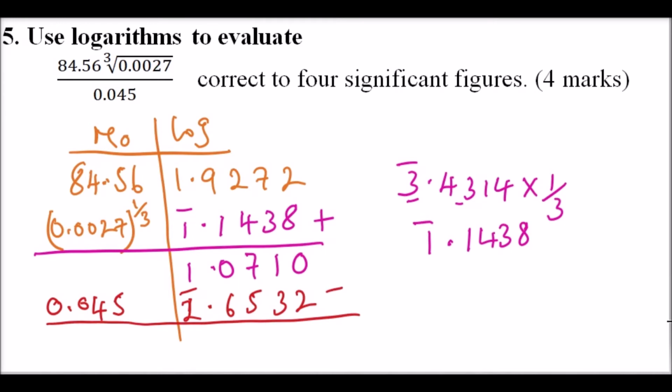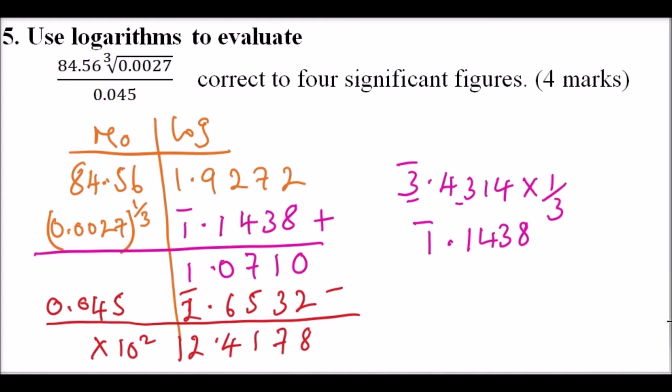Once you subtract that, you should get 8, 7, 1, 0.4, and then point. We borrowed 1 here, so we have 0. So it is 0 minus bar 2, which will give us positive 2, and you get the anti-logarithm of that number. So it is times 10 squared.